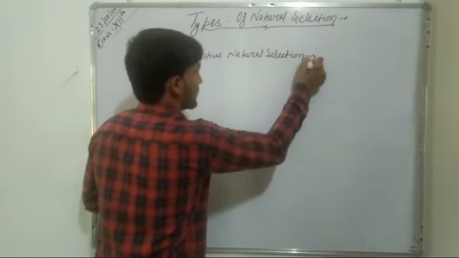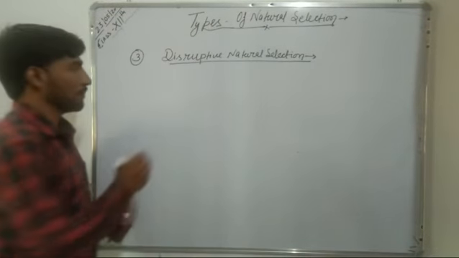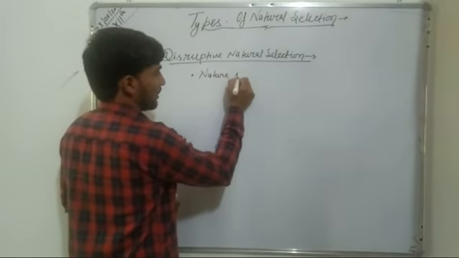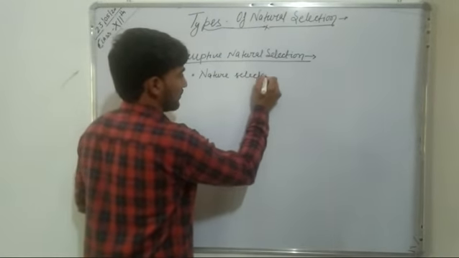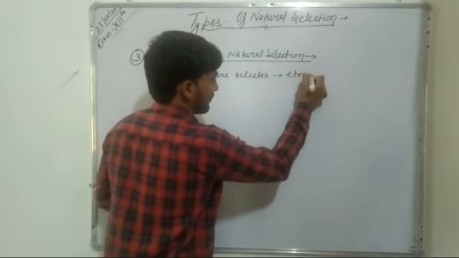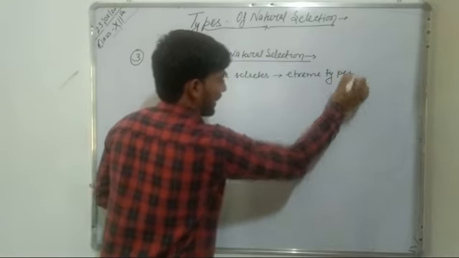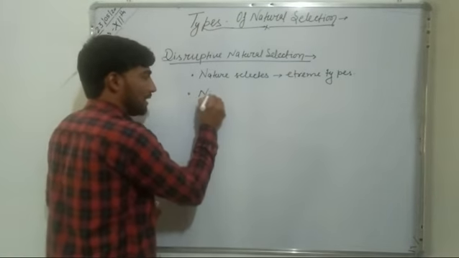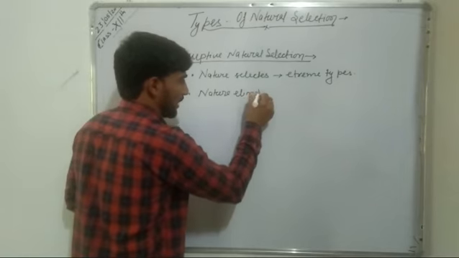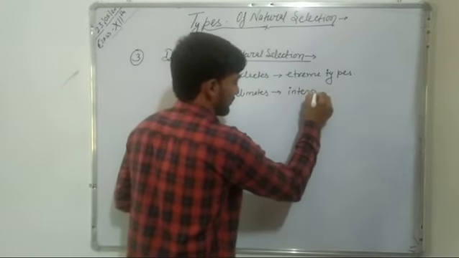In this disruptive natural selection, nature selects extreme types and nature eliminates intermediate types.